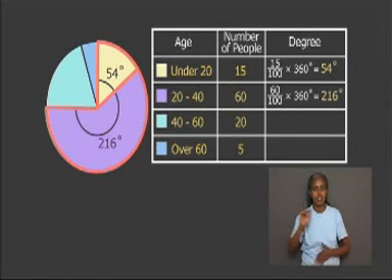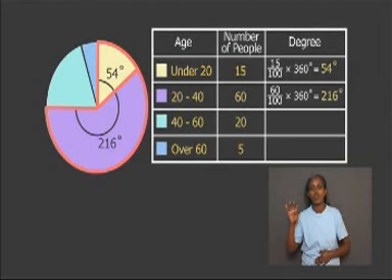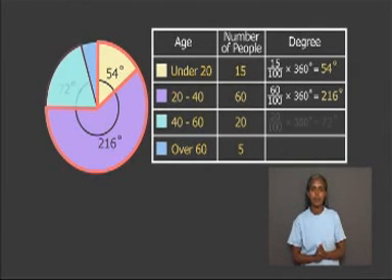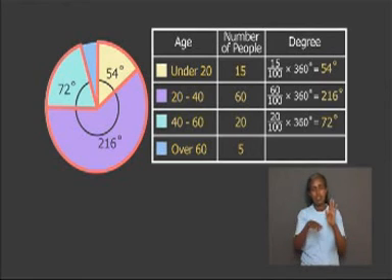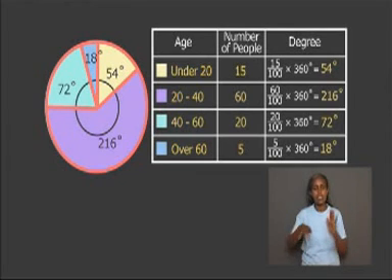The slice representing people aged 20 to 40 should be 216 degrees. The slice representing people aged 40 to 60 should be 72 degrees. And the slice representing people over the age of 60 should be 18 degrees.